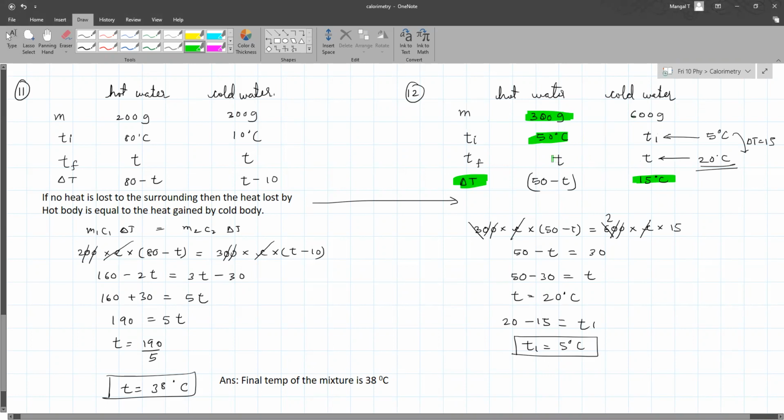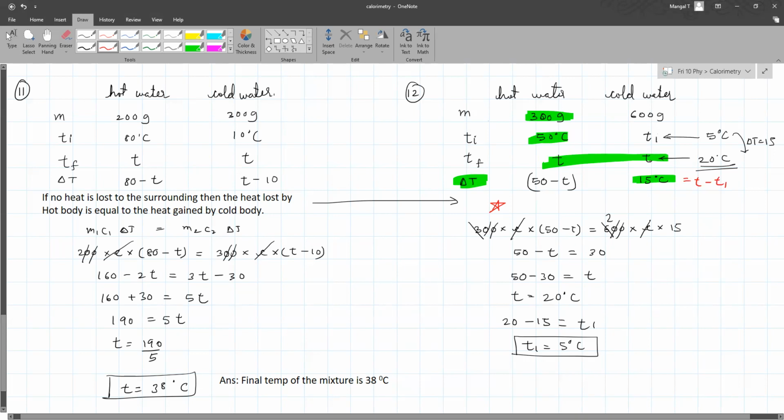So I took the final temperature as T. So delta T is 50 minus T. And over here, delta T will be T minus T1, that is 15. Then the statement M1 C1 delta T1 is equal to M2 C2 delta T2.